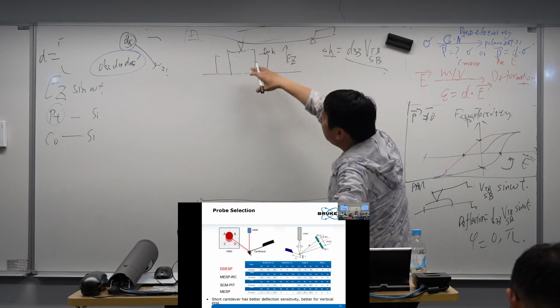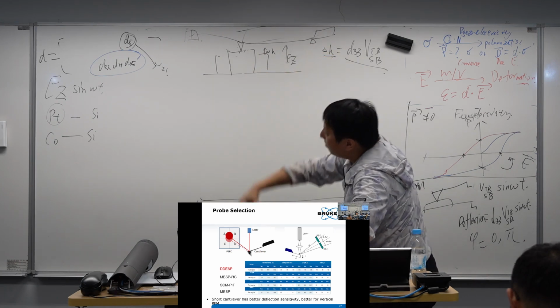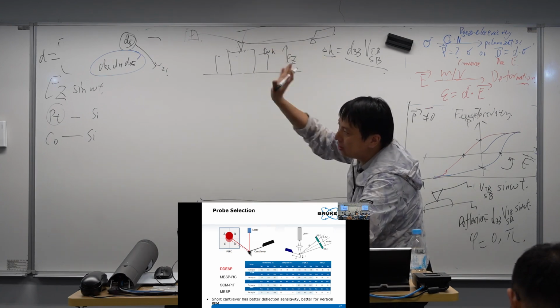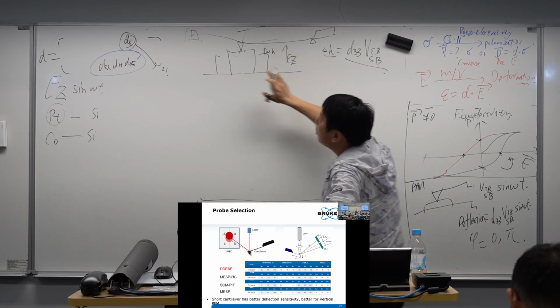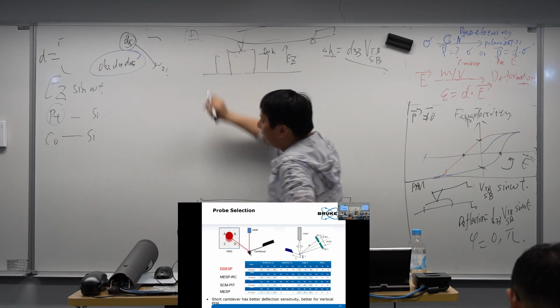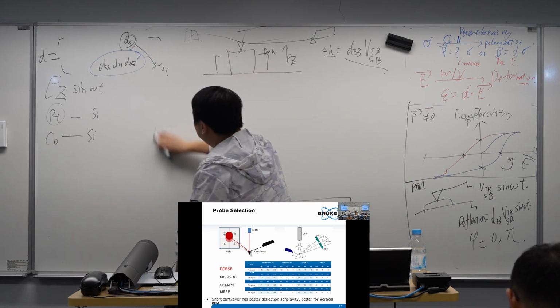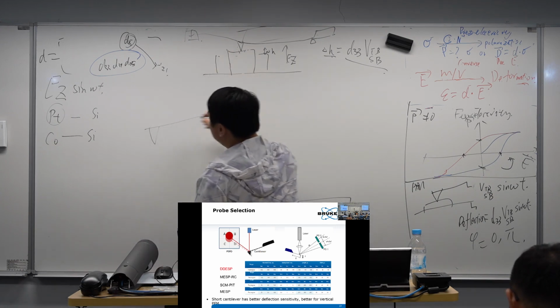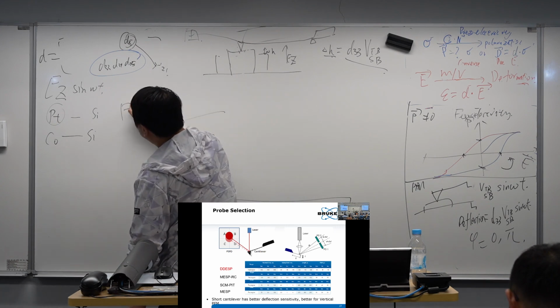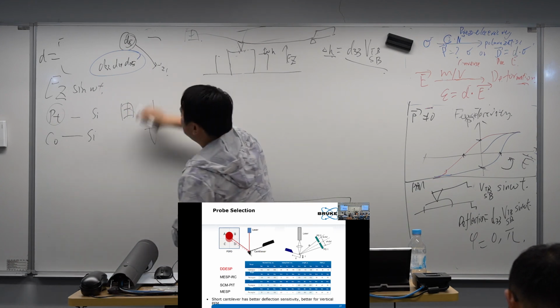Only when the angle of my cantilever changes can it show a deflection. Consider this way: this is your probe, this is your laser, and this is your detector.